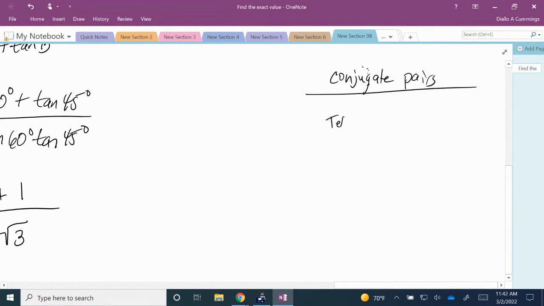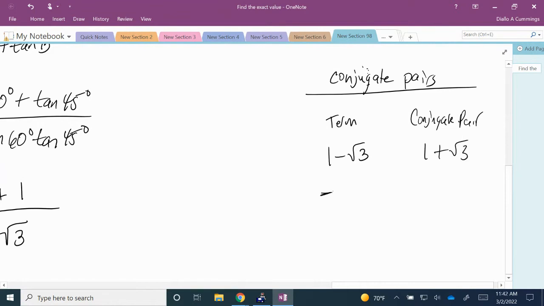Here we have the term, and over here we have the conjugate pair. So let's say we have 1 minus the square root of 3. In order to find the conjugate pair, you only change the sign of your second term. So the conjugate pair for the term 1 minus square root of 3 would be 1 plus square root of 3.